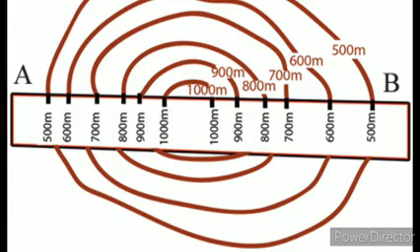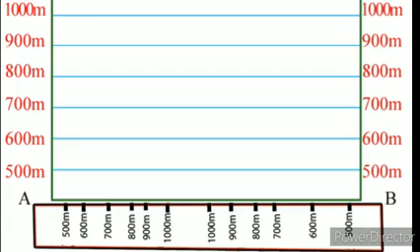Then turn to the next figure. Transfer these contour values, which means this paper strip, onto the x-axis of a graph paper. Choose a convenient scale and mark the contour values on the y-axis. Contour values 500, 600, 700 must be added on the y-axis.